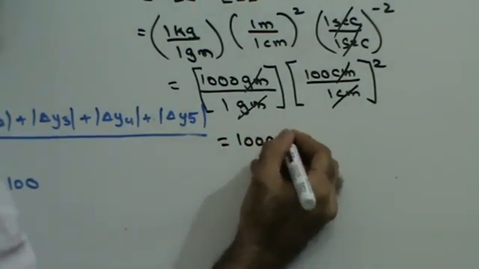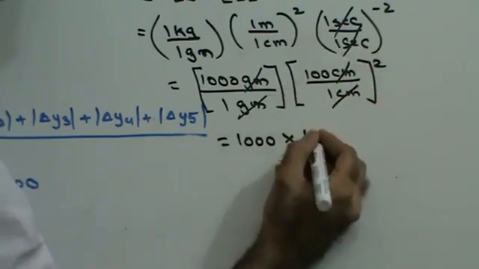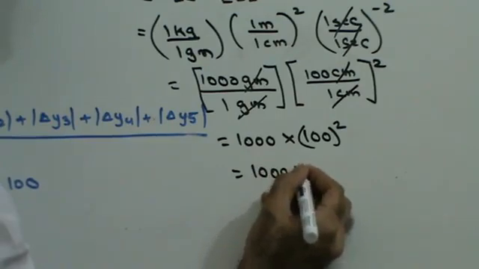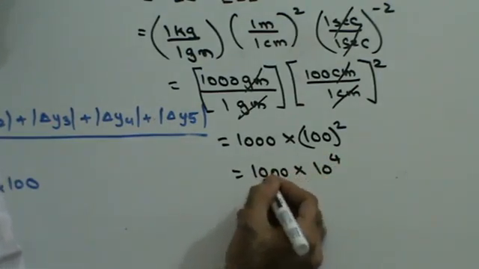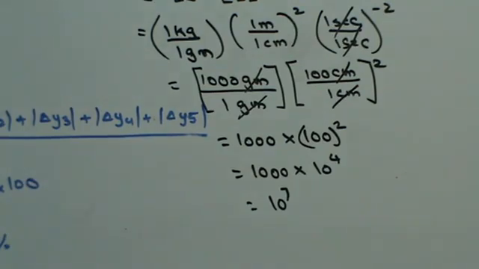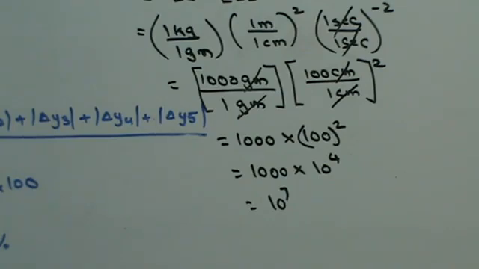This is 1000 into 100 square. 100 square is nothing but 10 raised to 4 into 1000 is 10 raised to 7, and that's what we have to prove, that 1 joule is 10 to the power of 7 ergs. Right? Take down the next sum please.